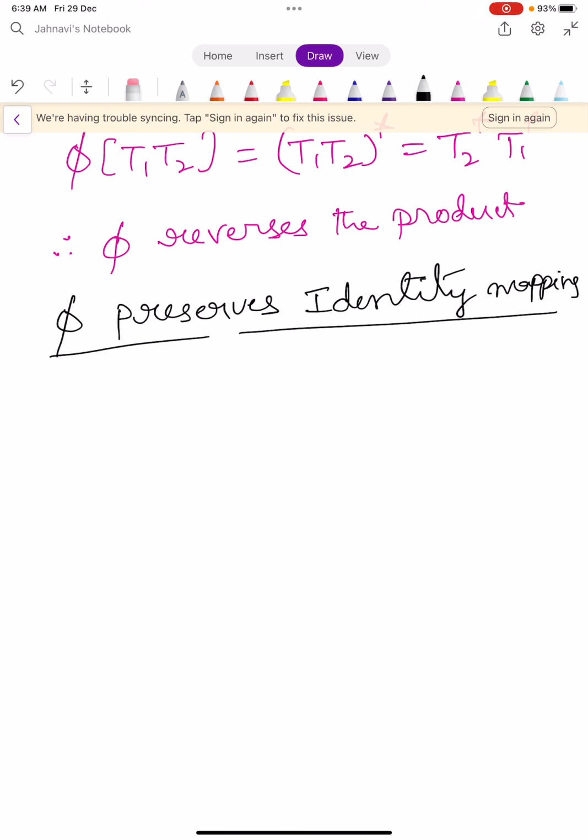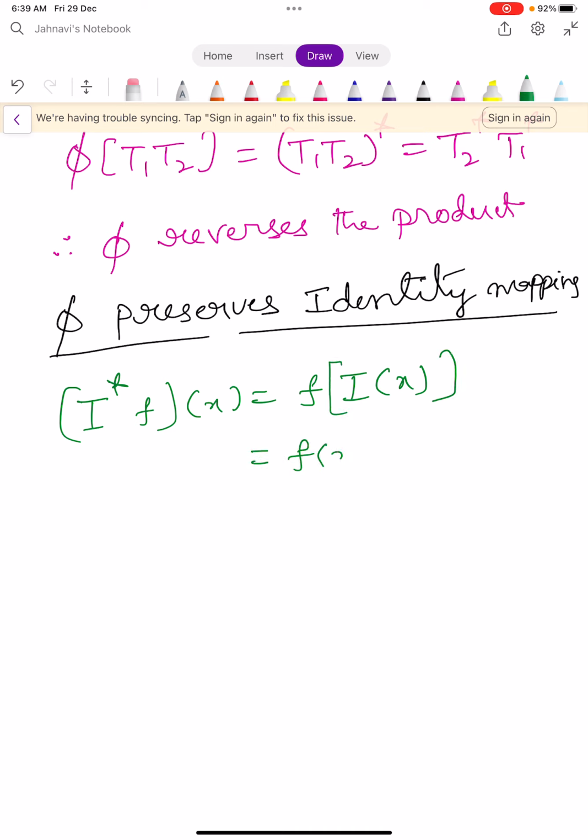So now, to prove this, let us take I star, the identity operator: I star f of x equals f of I of x. This is nothing but f of x, because I of x is equal to x. F of x is nothing but I of f of x. Therefore, I star f is equal to I f.